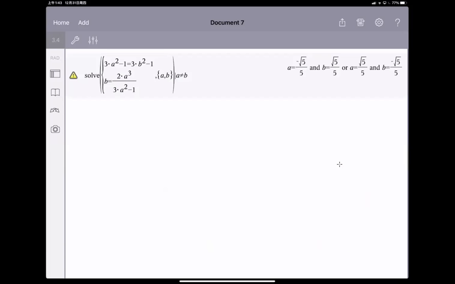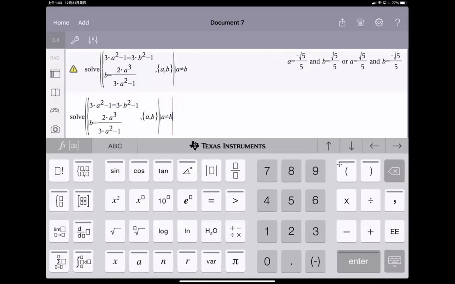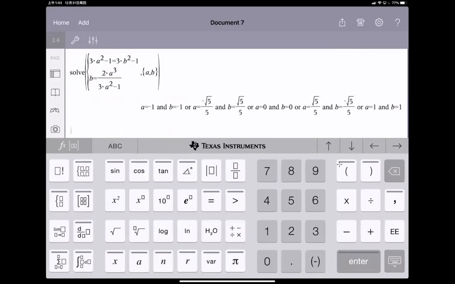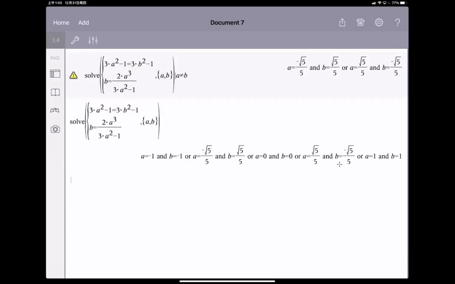With this, the CAS will give you all possible solutions satisfying the condition A not equal to B. If you are not including the last few lines, you will get, whoa, that's too much. Then you have to eliminate any solutions not feasible. So I would say the first line is more useful.